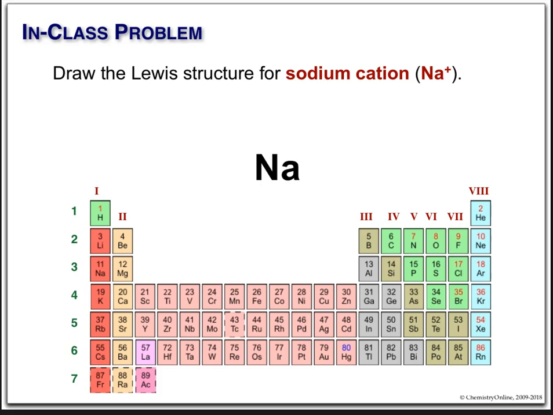Because it's in the first group, it will have one valence electron. Now, how do we make this a cation? How do we make it positive? We simply take its electron away. And that's the sodium cation.